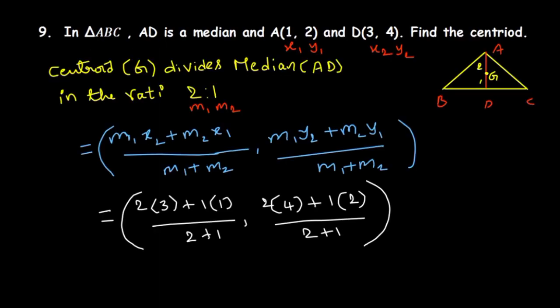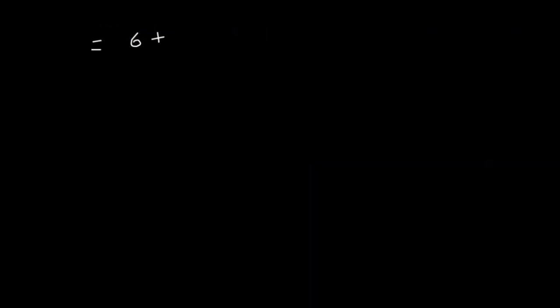Okay, so 2 into 3 equals 6, plus 1 ones are 1, divided by 2 plus 1 which is 3.